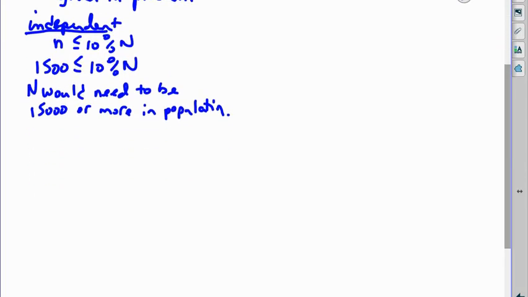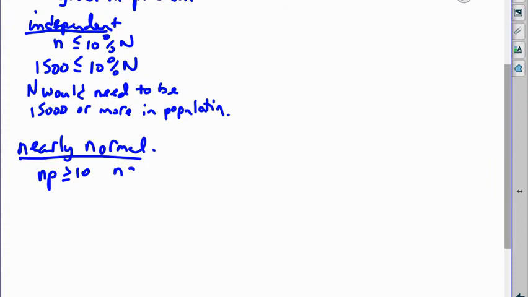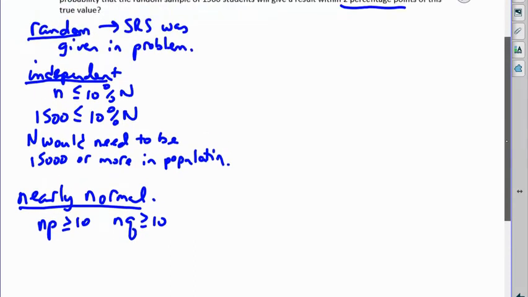Okay, and now, if it's going to be nearly normal, because it's proportions, we check n times p, n times q, and we have, let's see, oh, we never really set up what p was. I'm going to do that at the beginning here.